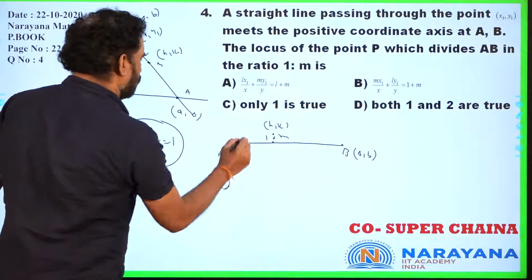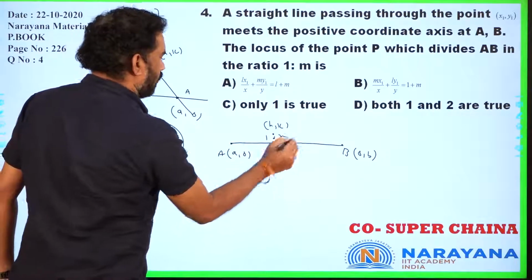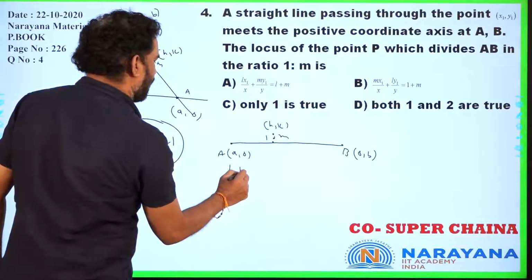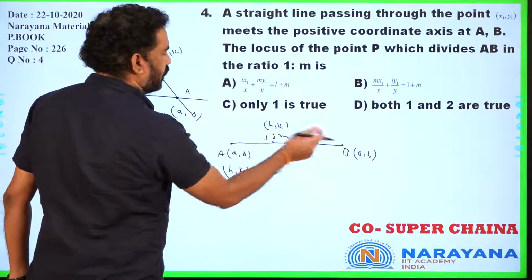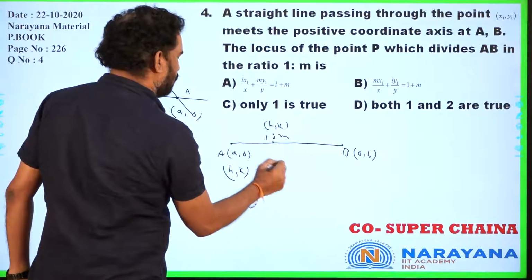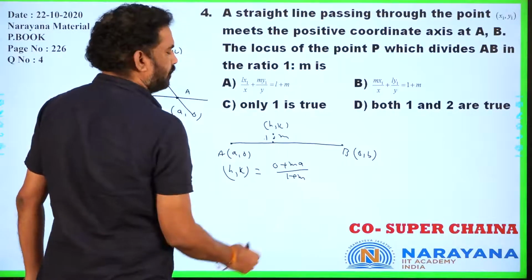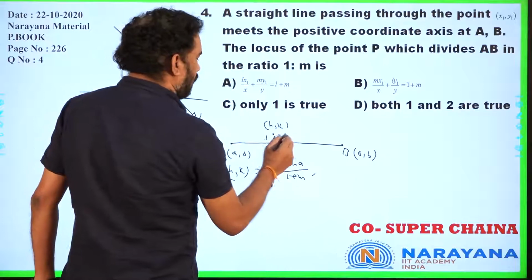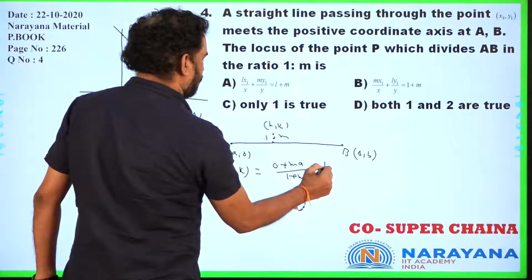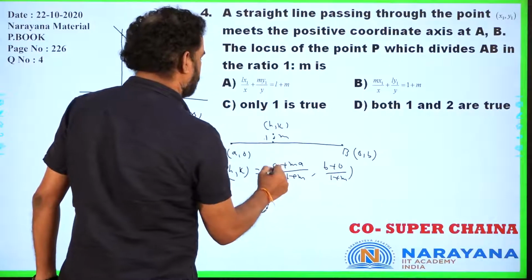Then (h, k) equals the point which divides in the ratio 1:m, that is (1 into 0 plus m into a) by (1 plus m), comma, the y coordinate (1 into b plus m into 0) by (1 plus m).